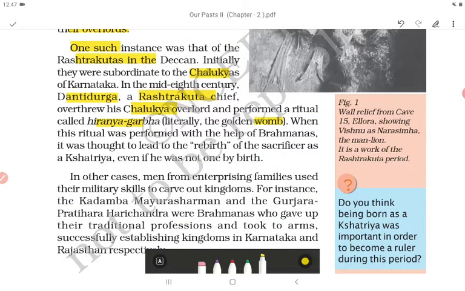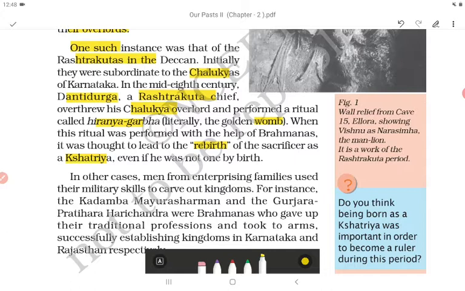When this ritual was performed with the help of Brahmanas, it was thought to lead to the rebirth of the sacrificer as a Kshatriya, even if he was not one by birth.